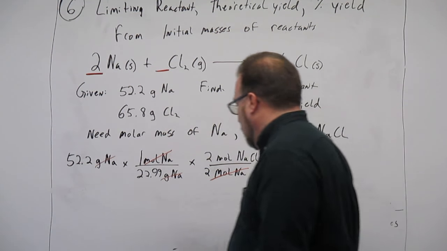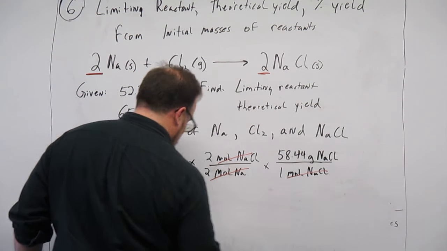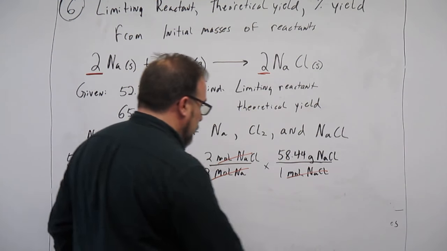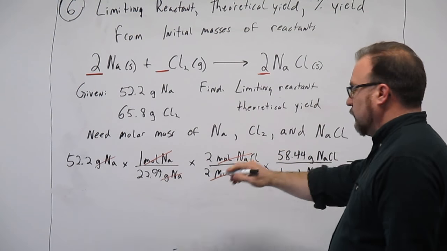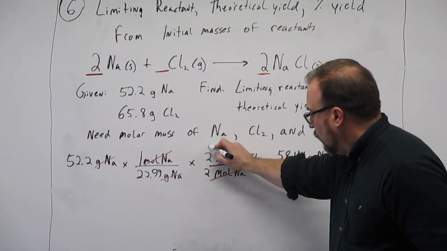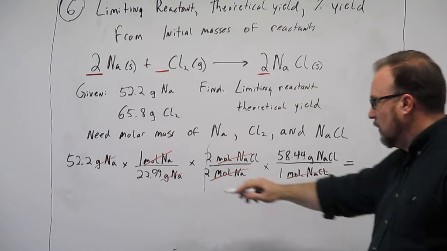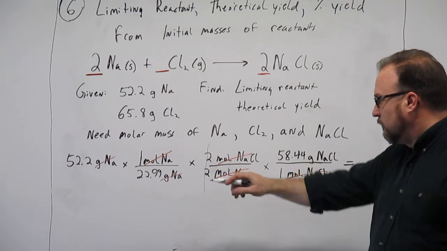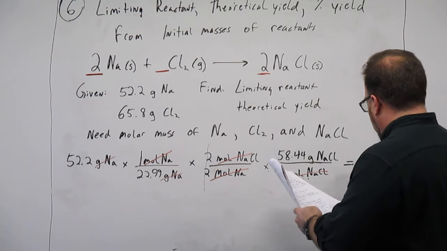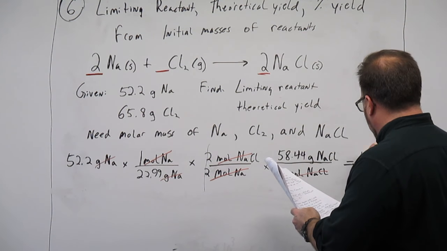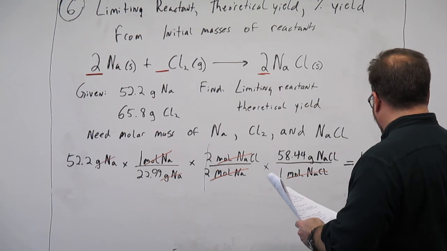Moles of sodium chloride cancel, and I'm left with the answer, which is grams of sodium chloride. Now you do all the multiplication and division. 2 over 2 is 1, so that is nice and easy. So I've got 58.44 times 52.2 divided by 22.99. And when you do all that, I get 135 grams of sodium chloride.